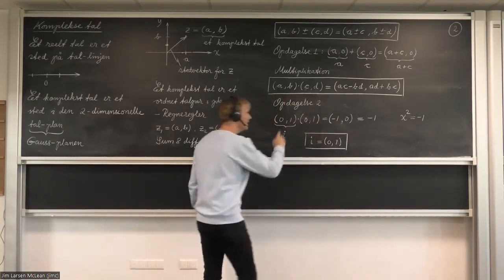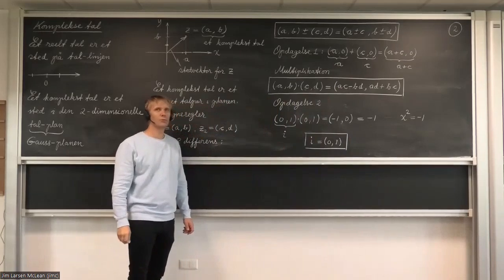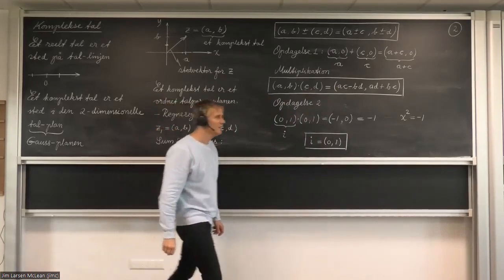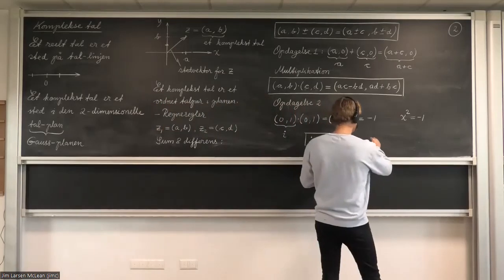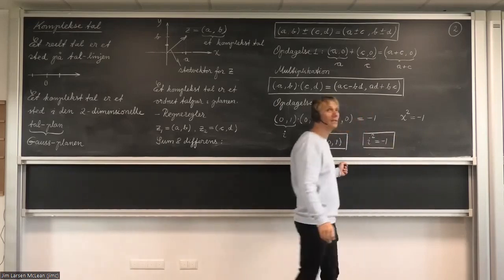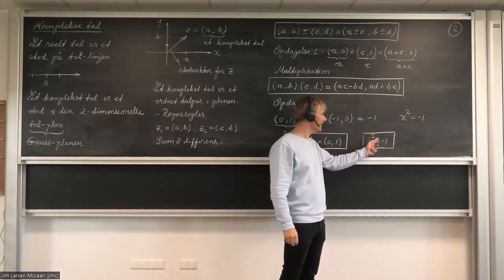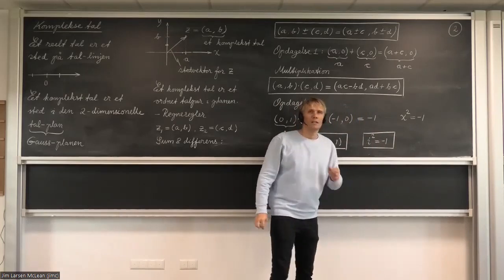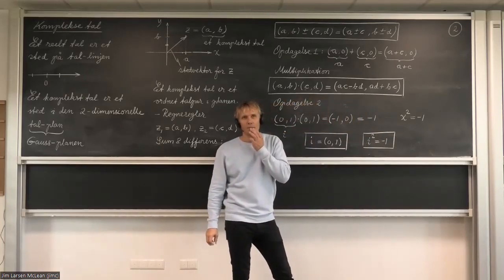And if we define that number as i, it means it's something you choose. So we have now just proven that i squared equals -1. The way I've presented complex numbers, I haven't defined it. I've proven it.